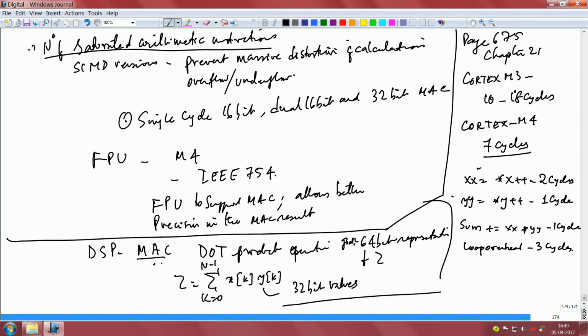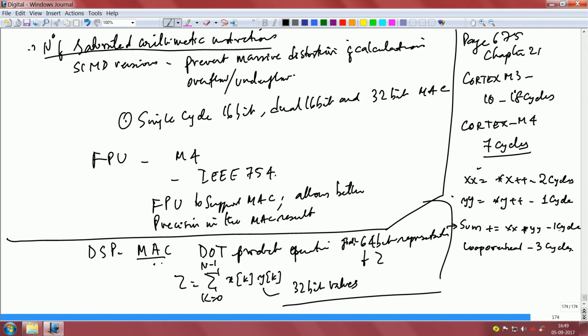Then there is a multiplication and addition, and this is what this step is, the main MAC part which is required for the DSP operation, which is now easily achieved in Cortex M4, but takes more cycles in Cortex M3.